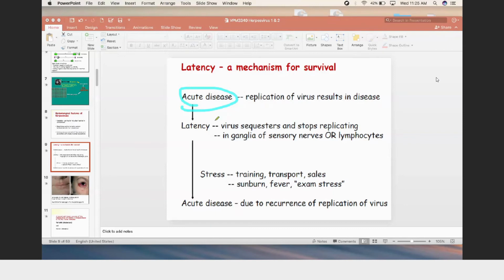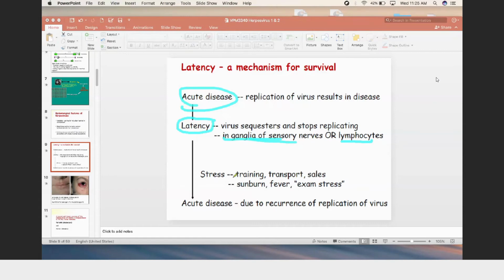Then after that, the virus is transported into certain places, especially the trigeminal ganglia, and remains latent there for a long time. Some of these herpes viruses can also remain latent in the lymphocytes, but the common one here is ganglia.